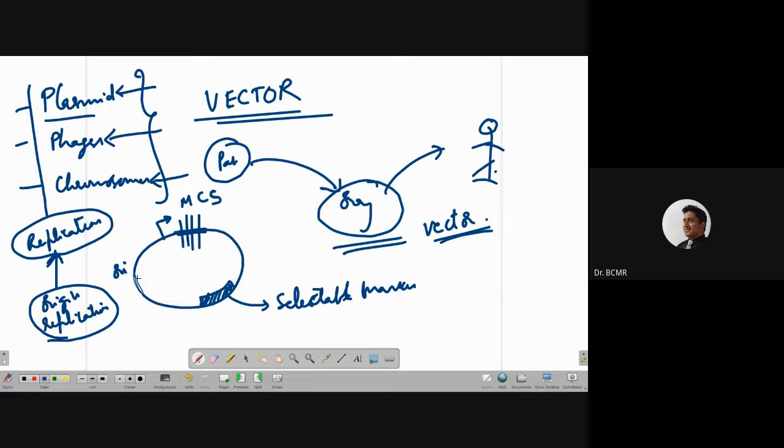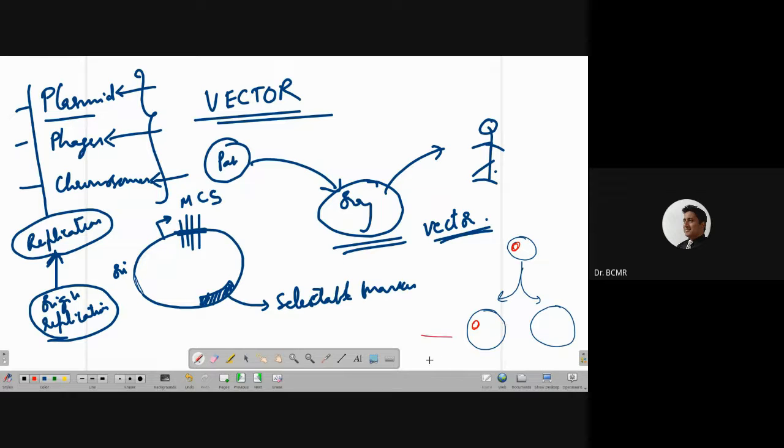Okay? And if one cell is going to become two cells, and one of the cells, the mother cell, has the plasmid, and if there is no replication, only one cell will get it.